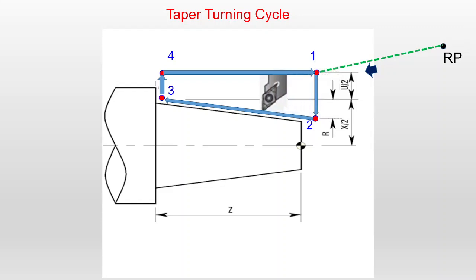From 2 to 3 the tool moves like this, and from 3 it is lifted up, 3 to 4, then it goes back to the initial position. After finishing the entire taper turning operation, the tool is sent to the reference point at the end. This is the way the tool is moving. I hope everyone understands how the taper turning takes place.